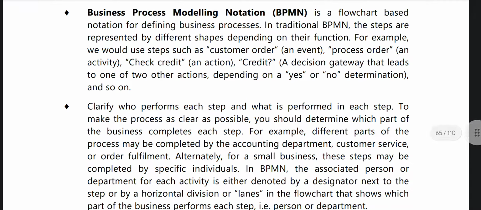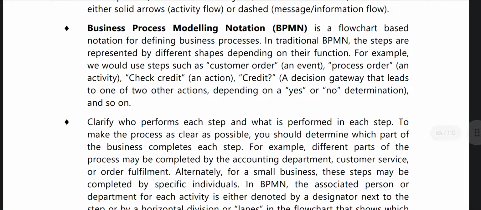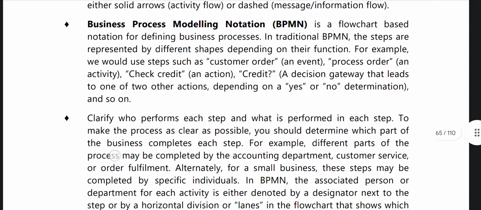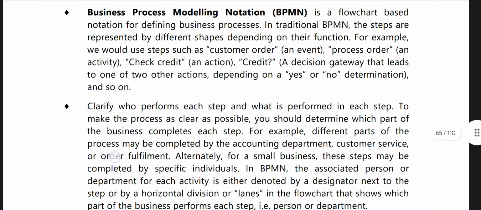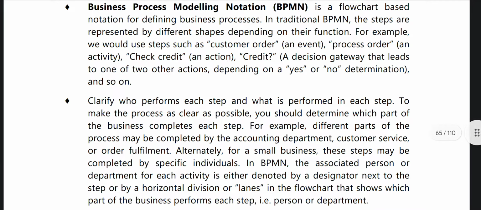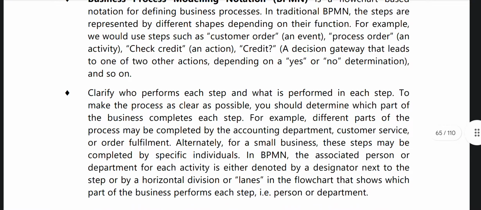Business process modeling notation is a flowchart based notation for defining business processes. In traditional business process modeling notation, the steps are represented by different shapes depending on their function.